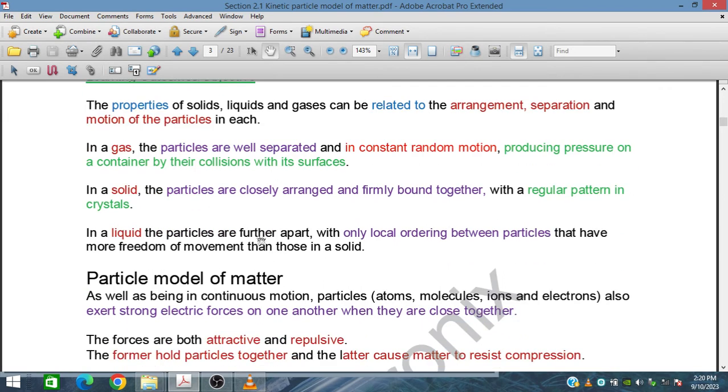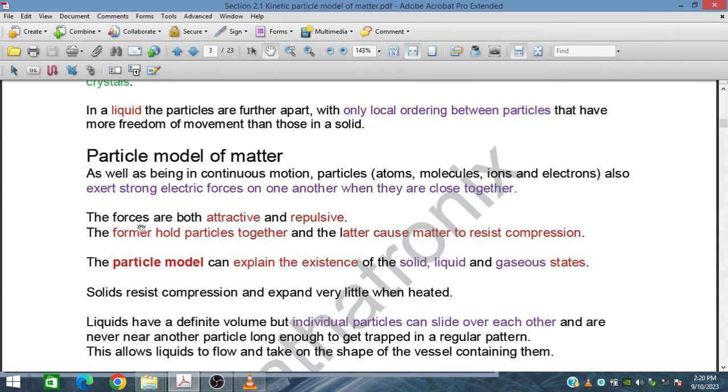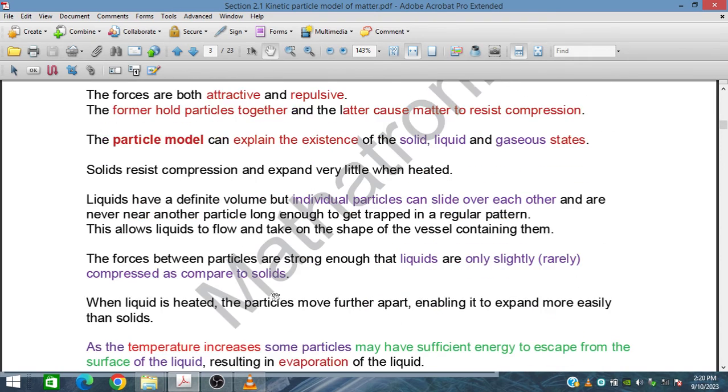In a liquid, the particles are further apart, with only local ordering between them, and they have more freedom of movement than those in a solid. So the forces of attraction and repulsion exist. So the particle model can explain the existence of the solid, liquid, and gaseous states.